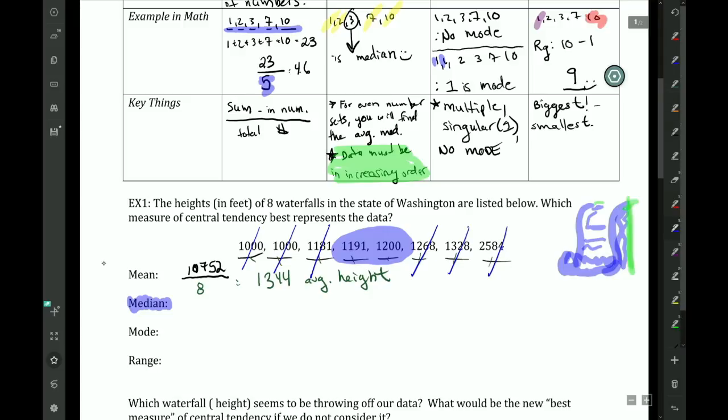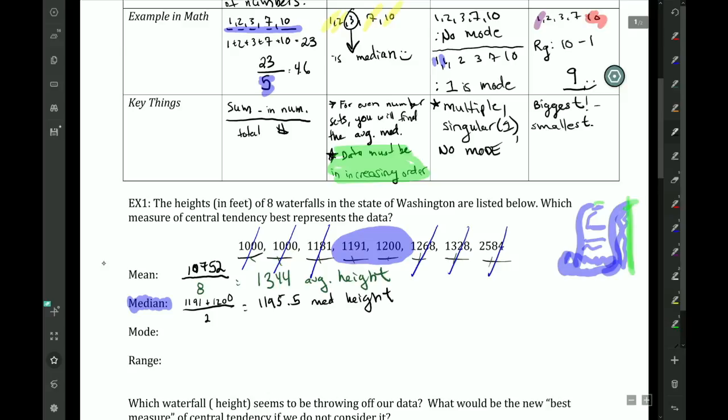That means I'm going to have to find their average, so I take 1191 plus 1200, and I divide that by 2, I get the median. And it's about 1195.5. Okay, so that's the median height.